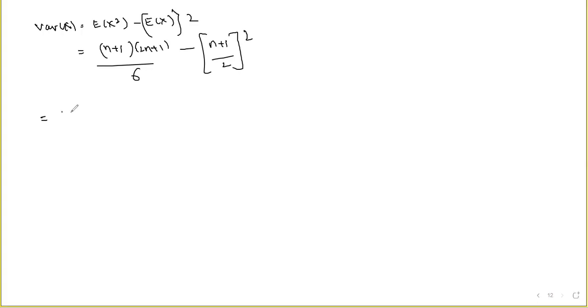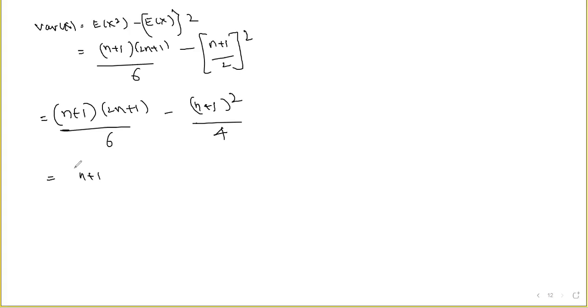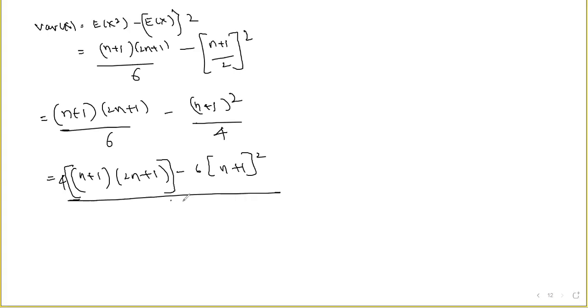So this is equal to n plus 1 into 2n plus 1 by 6 minus n plus 1 whole square by 2 square, that will be 4, right? So this is nothing but n plus 1, 2n plus 1 minus, so obviously it is 4 times this entire term, minus 6 times this entire term, divided by 24, which will be the LCM, right?